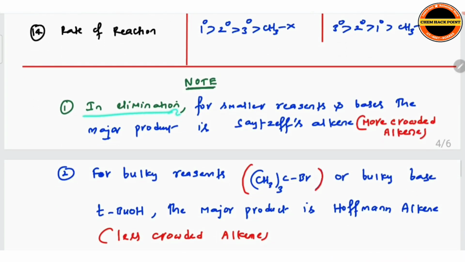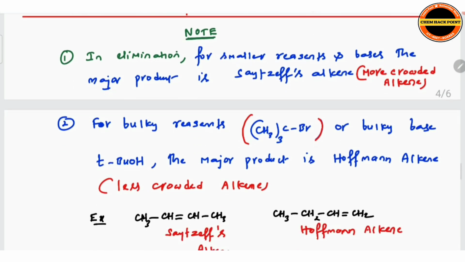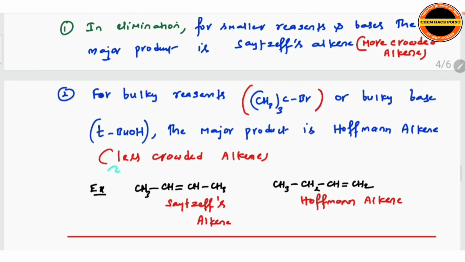See, in elimination, for smaller reagents and bases, the major product is the Zaitsev alkene. For smaller reagents and bases, like a less bulky base, the Zaitsev alkene is the more crowded alkene. For bulky reagents like tertiary butyl bromide or a bulky base, tertiary butanol, like the example I gave, the major product is the Hofmann alkene, which is the less crowded alkene.